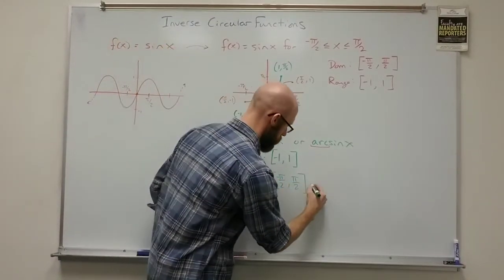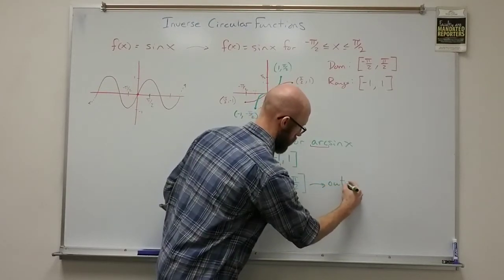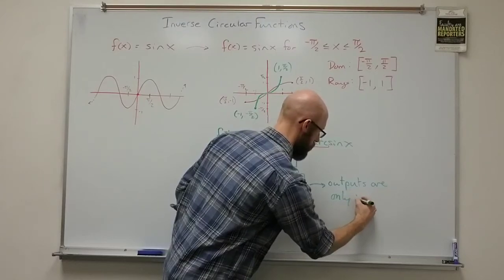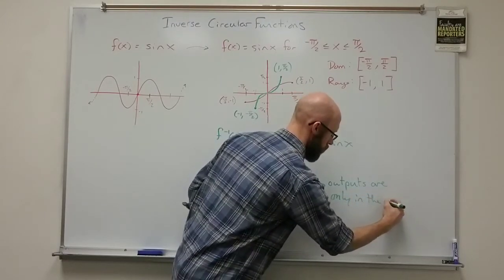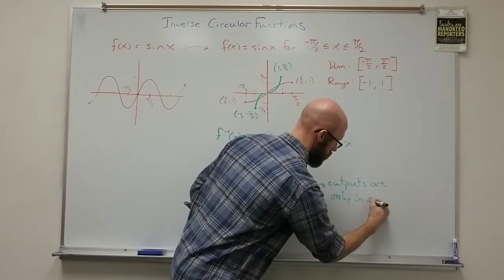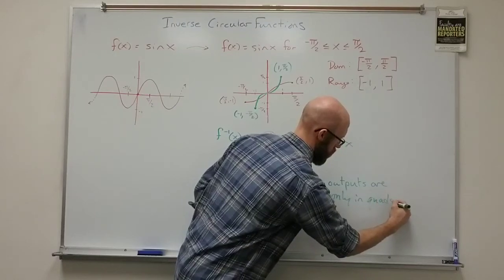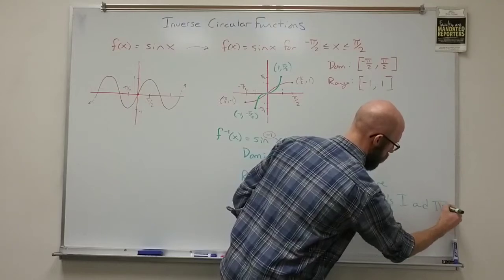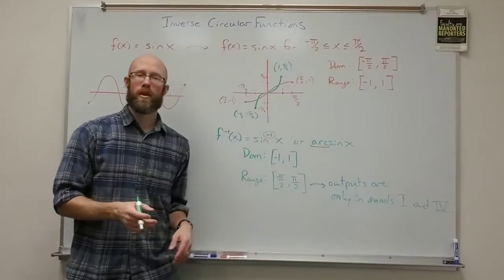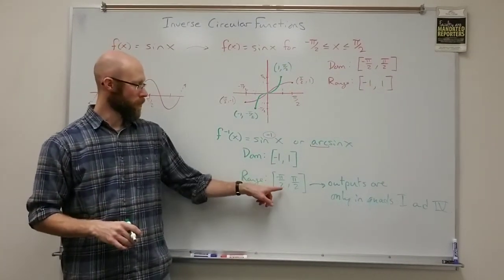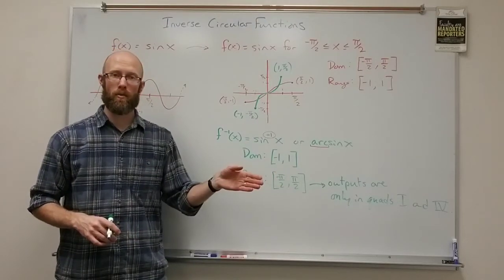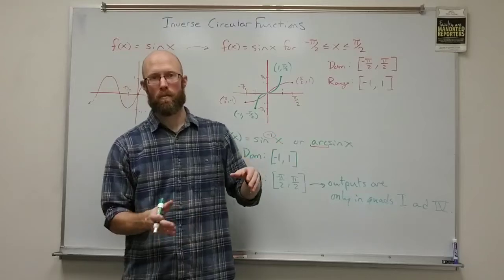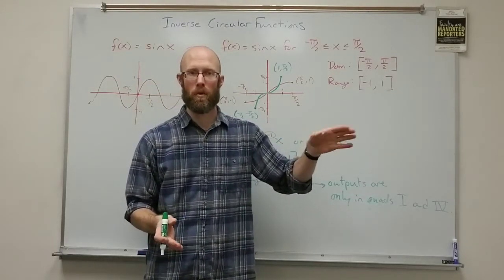So the outputs are only in quadrants 1 and 4. Furthermore, the fourth quadrant angles are negative, rather than being all the way around between 270 and 360 degrees, or 3 pi over 2 and 2 pi.